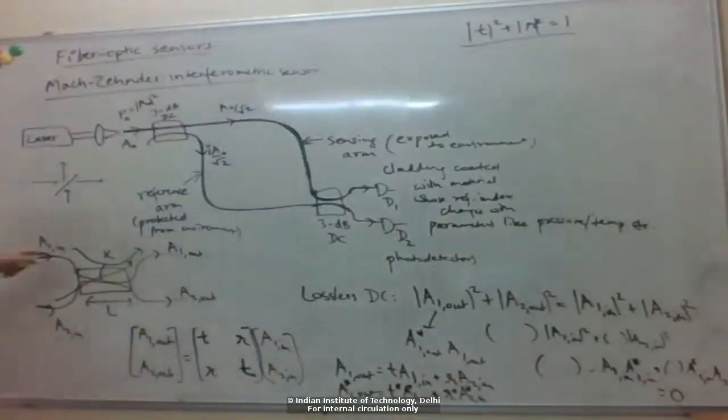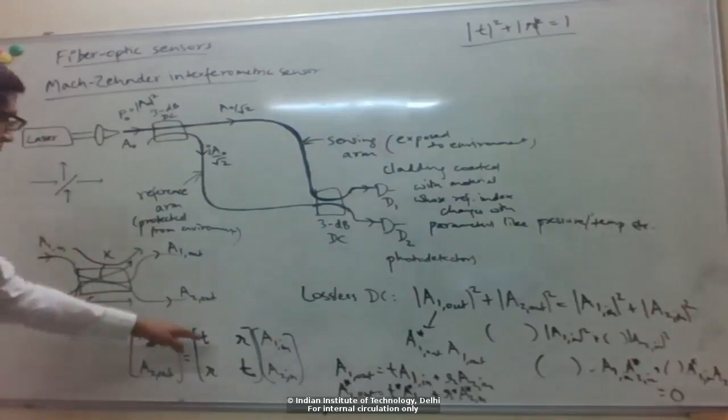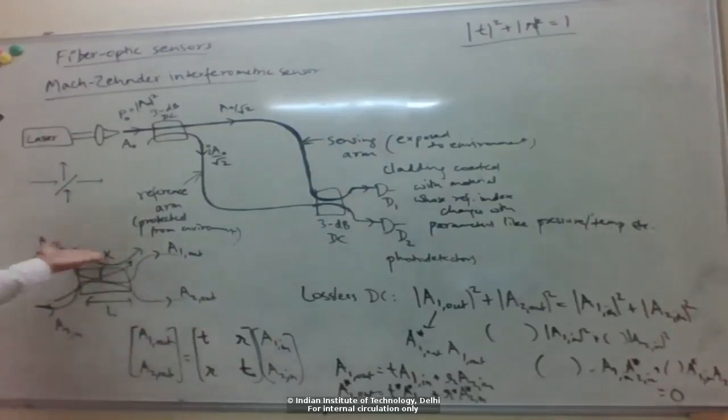Because we've said that the power is split in the ratios T and R, and if the power is conserved, then T plus R should be equal to 1.